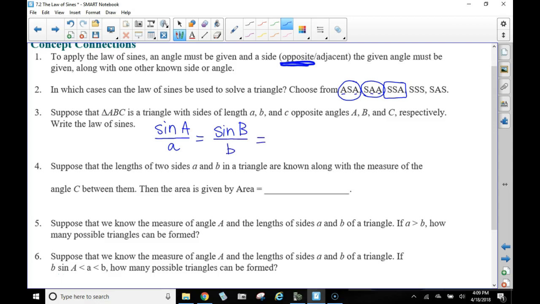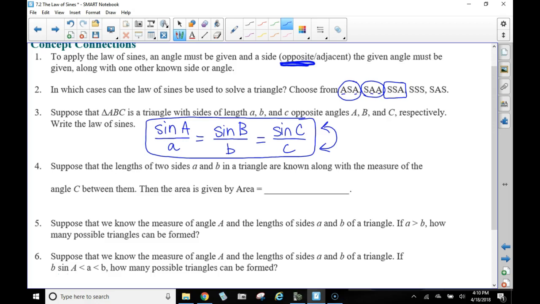And then we're going to extend the proportion to cover all the possibilities. The sine of angle C is to side c. Now, you could also use the reciprocal of all of these. If you flip one, flip them all. That's another form for our law of sines.